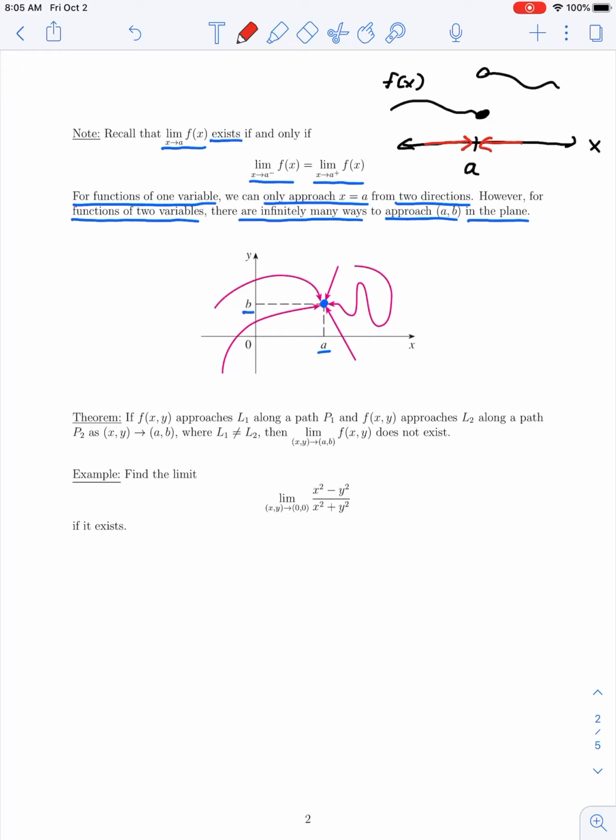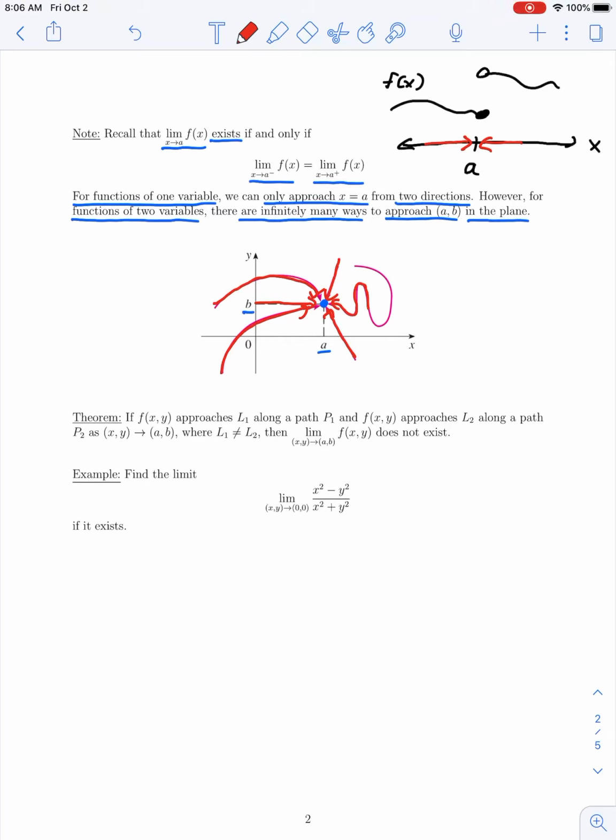And if we get two different limiting values, as I've shown in my graph here, we would have a limit which does not exist. But for these points in the plane, we could approach from the left or the right-hand side. We could approach from above or below. We could approach along these different shaped curves in the xy plane. So in fact, there are infinitely many directions in which we could approach some point.